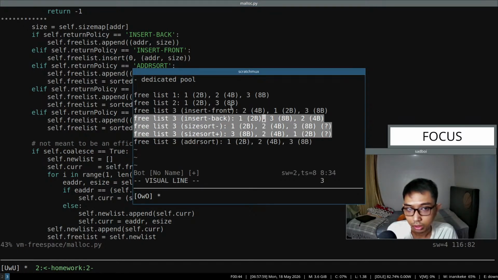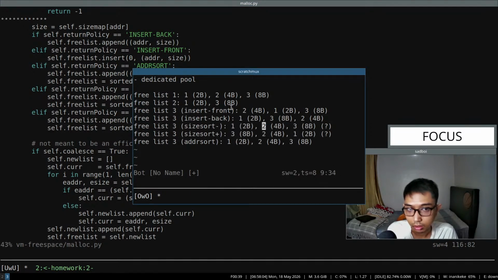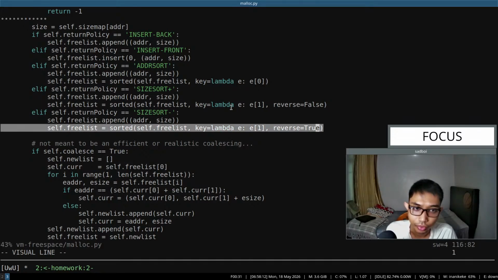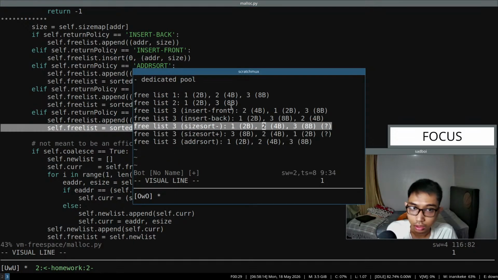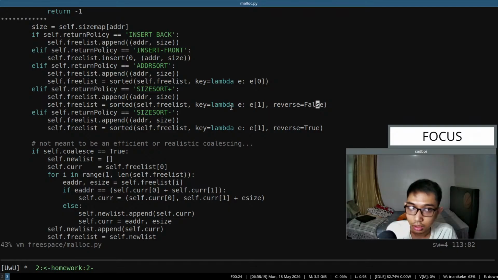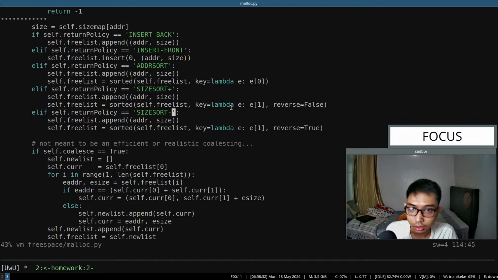So maybe this one is correct. Maybe. Oh no, yeah, I think my interpretation is not correct. The negative one is reverse here.